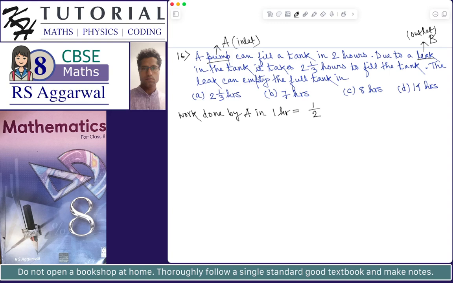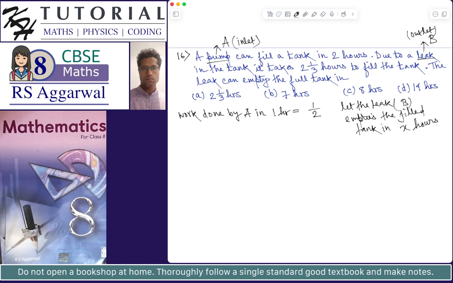So let the leak, that is the outlet B, empty the filled tank in X hours.